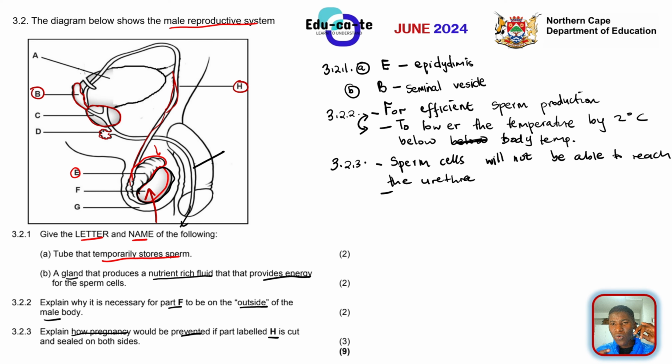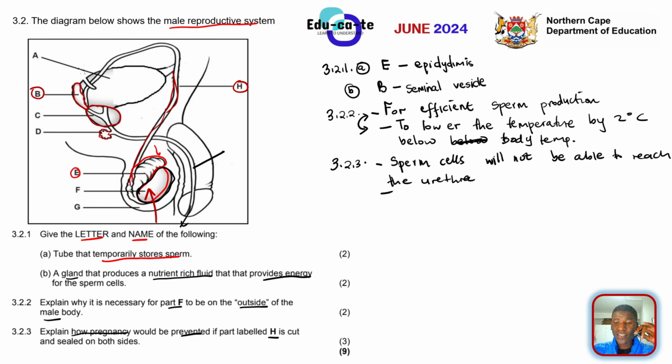And then now, how does that prevent pregnancy? You need to explain the pregnancy part, because there must be a connection between pregnancy and sperm cells. Verily, the sperm cells are the ones that cause pregnancy. So since the sperm cells are not able to reach the urethra, the actual thing that is ejaculated by the male during copulation is just semen.